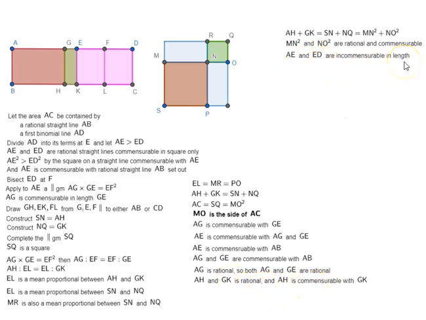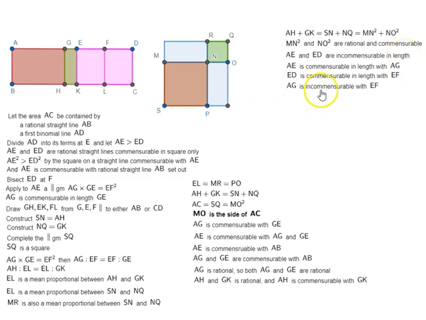AE is incommensurable in length with AD because they are commensurable in square only. AE is commensurable in length with AG. ED is commensurable with EF because F is the midpoint of ED. AE and ED are incommensurable in length.